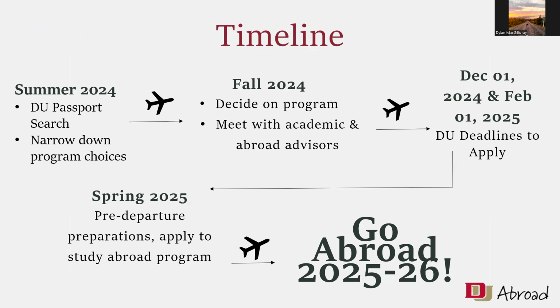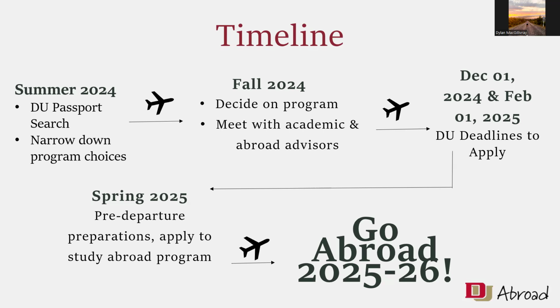And then a little bit of a timeline before I show you some of these resources and where to find them. So summer 2024, that's coming up now, is when you want to start using DU Passport to search for programs and narrow down your program choices. And then in the fall, you're going to start deciding on a program and meet with your academic and abroad advisors to really determine what's a good fit for you.